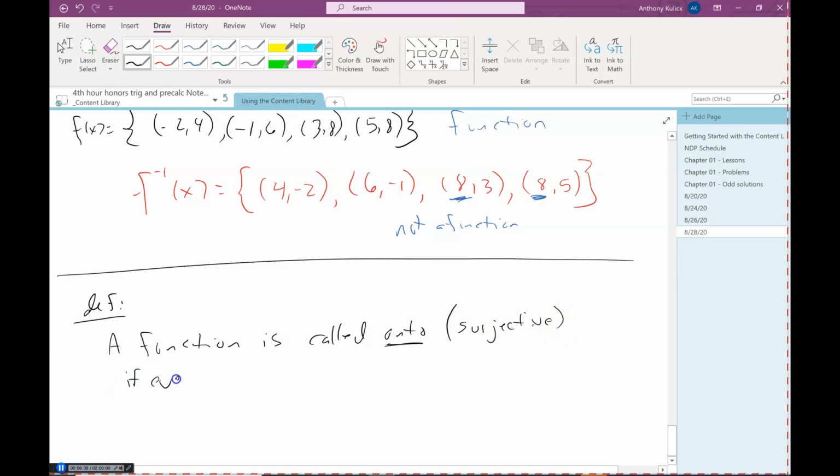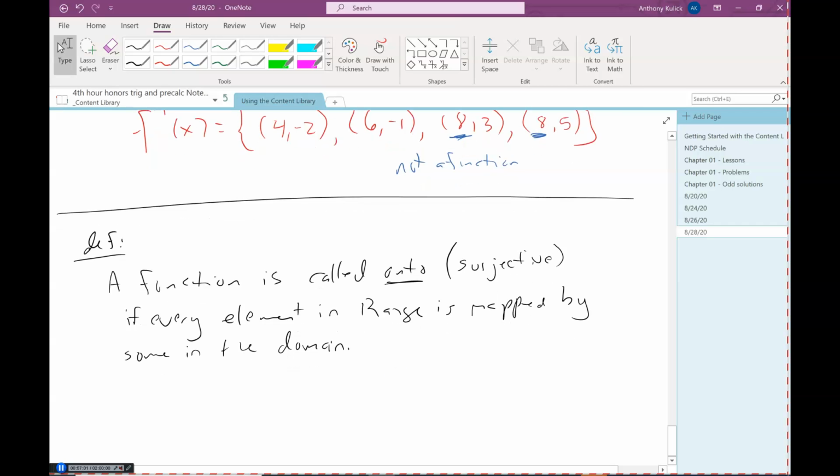If every element in the range is mapped to by some element in the domain. So basically we're saying all of the ranges are used. Everybody's okay with that?